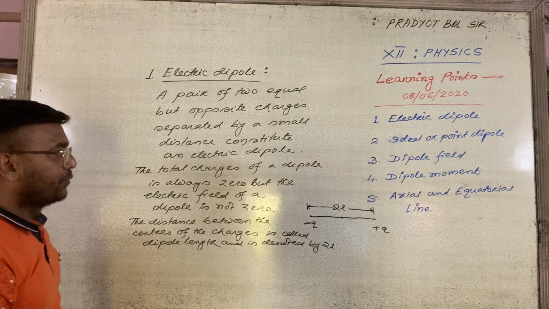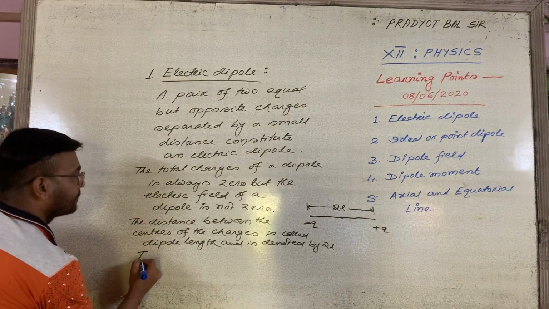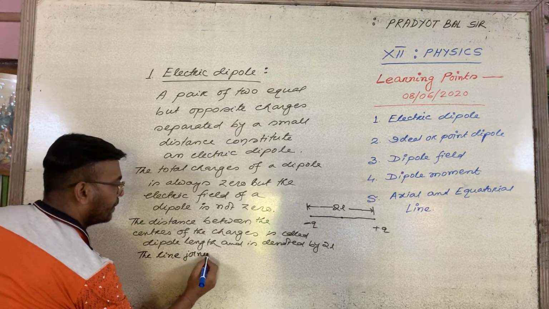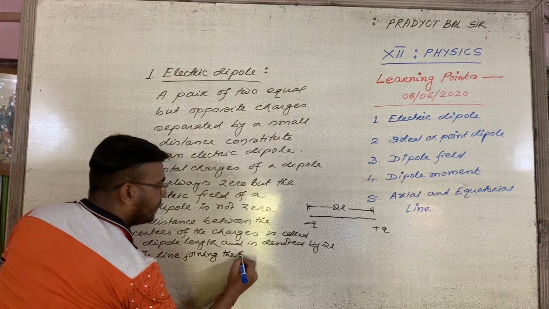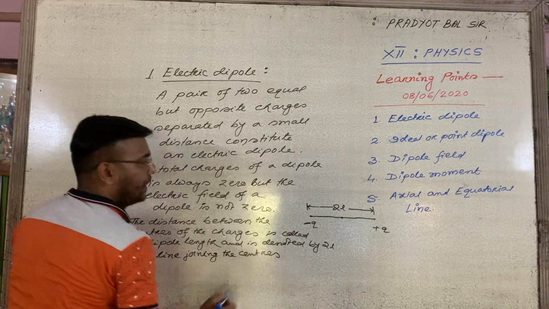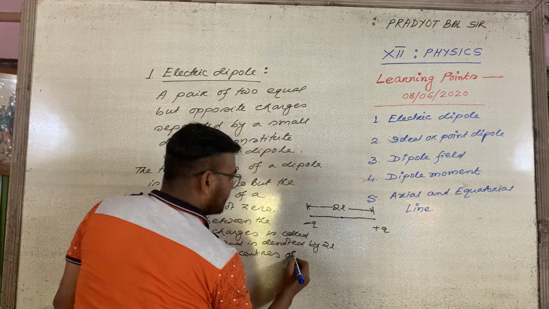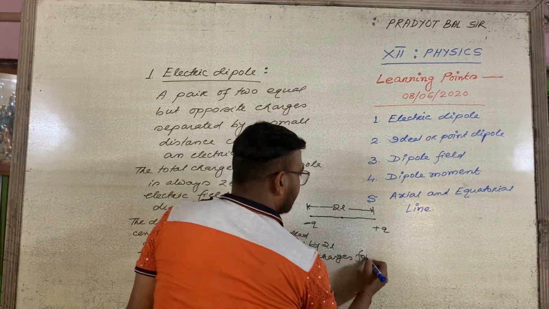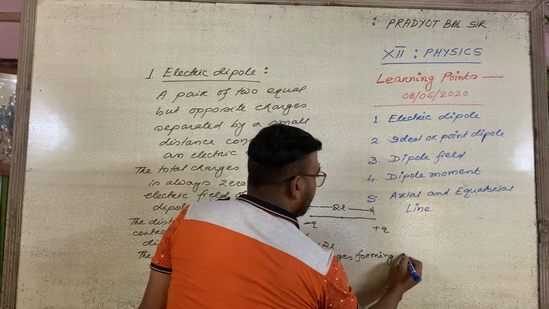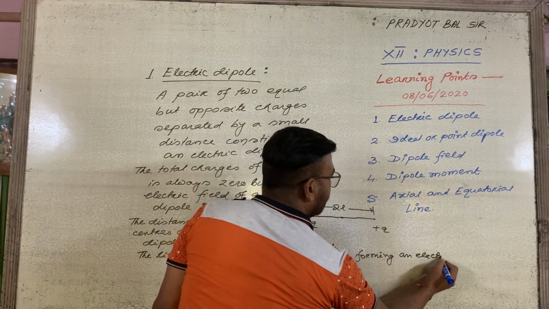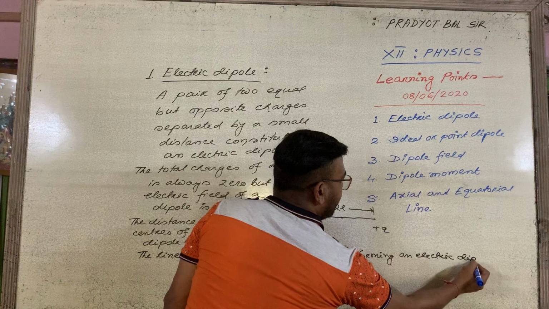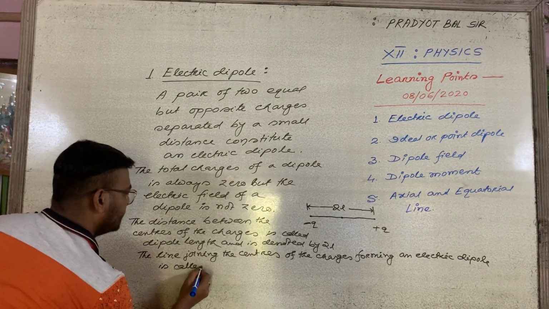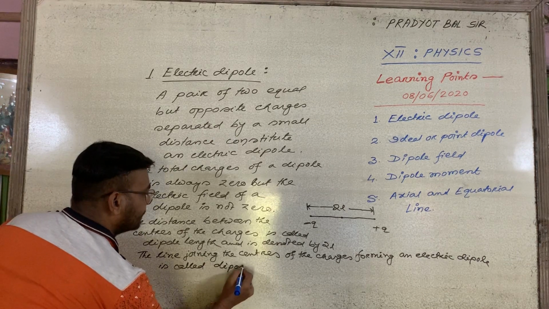So this is dipole length, and the line joining the centers of the charges forming an electric dipole is called dipole axis.